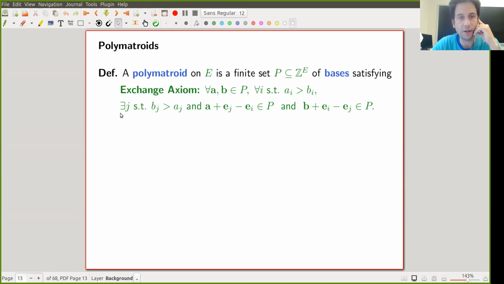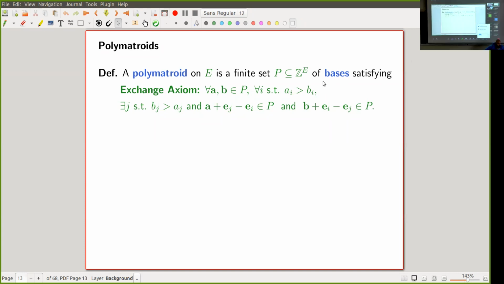So precisely the condition says there should exist a j such that the jth coordinate of B is greater than the jth coordinate of A, and when you take A and increase the jth coordinate and decrease the ith coordinate, you stay in P. And for B, you can simultaneously do that: for B, you can increase i, decrease j, and stay in P.